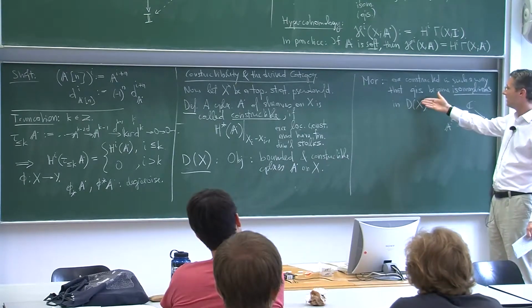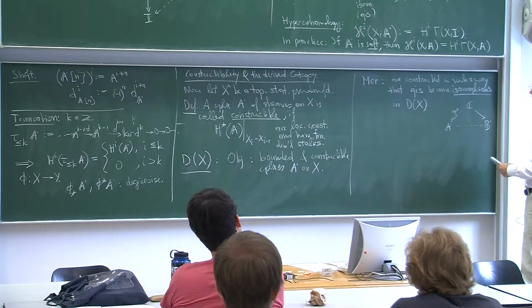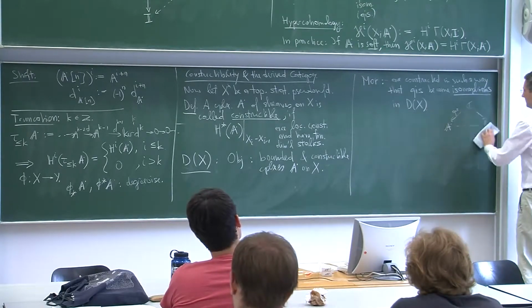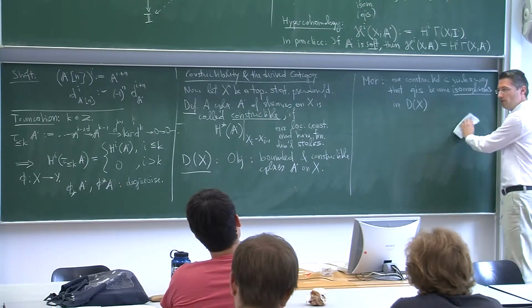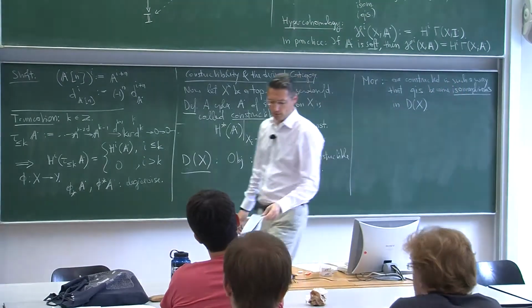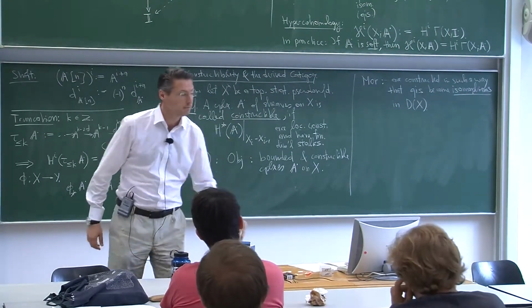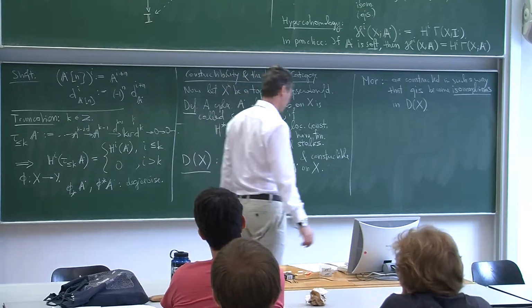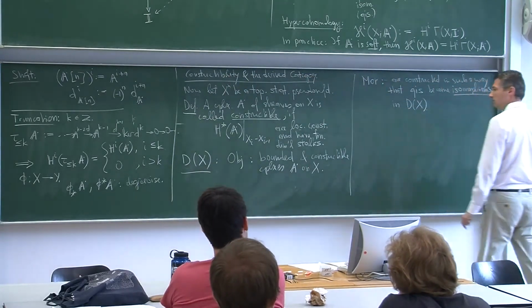But in the derived category, it will have an inverse, and that's extremely pleasant. That's a very good point of view for many things, and it is the point of view we want to take here. That's all one has to know about the derived category.